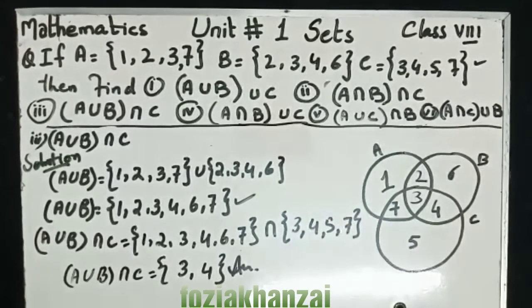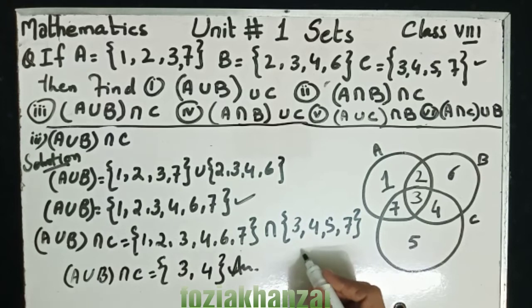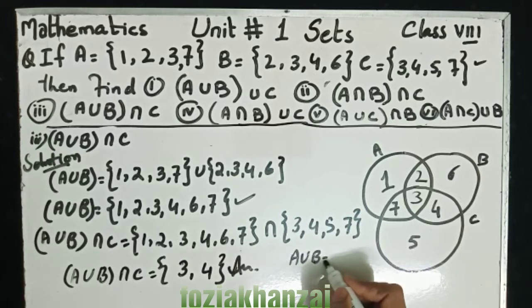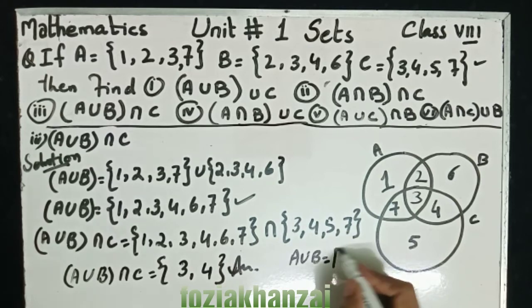We draw the same Venn diagram. Now first, for the answer A union B, it's up to you whether to apply a vertical line or horizontal line.